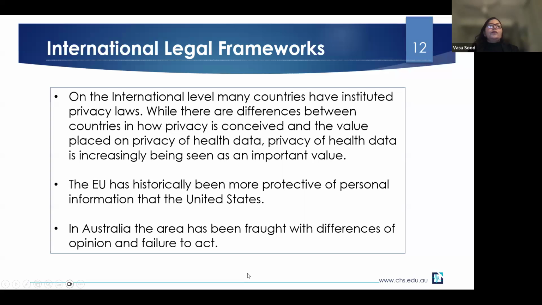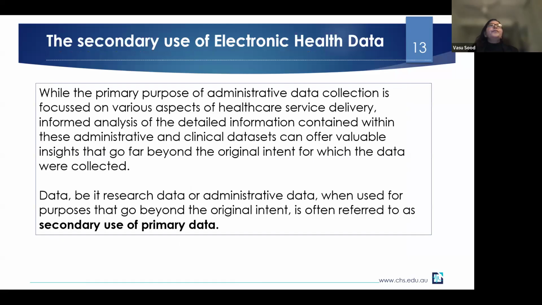So we are done with this particular part, and now moving to the next part, talking about secondary usage of electronic health records. Before we enter into secondary usage, we first need to understand what the primary usage is of the data which is collected in the electronic health record. So the primary usage of health data may be, for example, when administrative staff are collecting patient data.